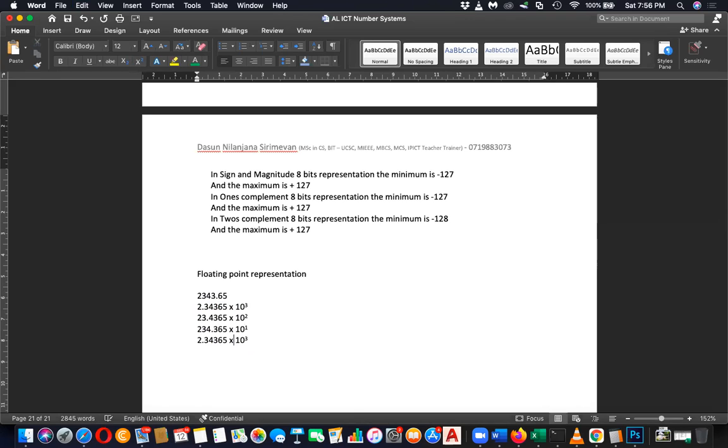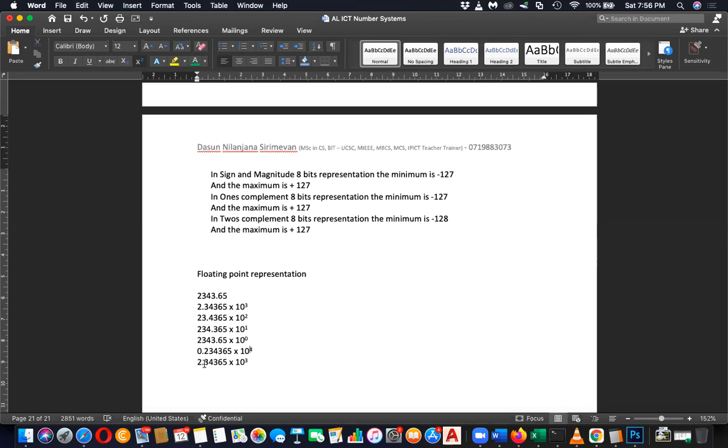You can write this number as 2343.65 times 10 to the power 0. And you can also write this number as 0.234365 times 10 to the power 4.